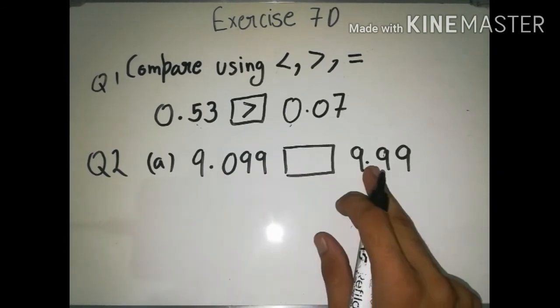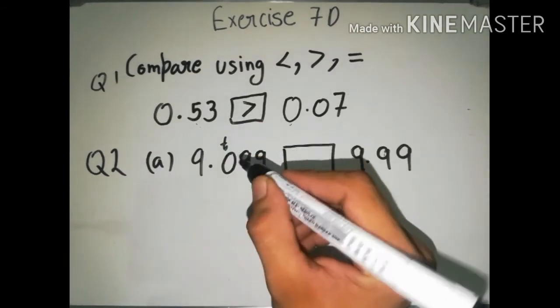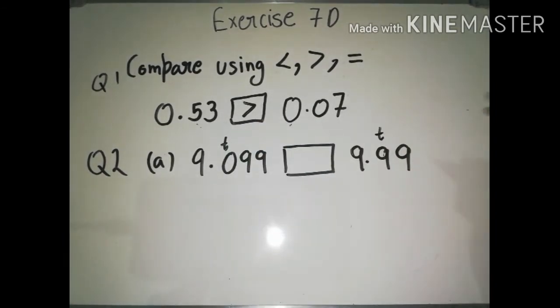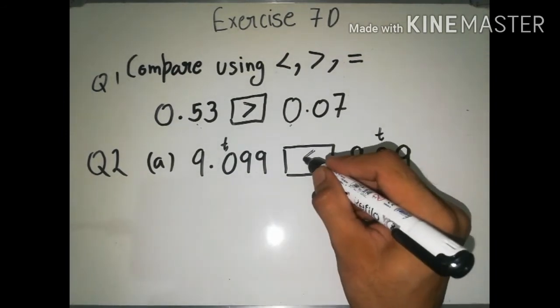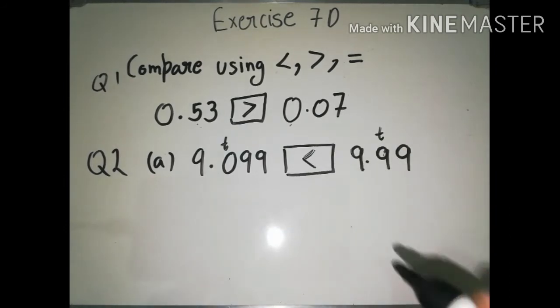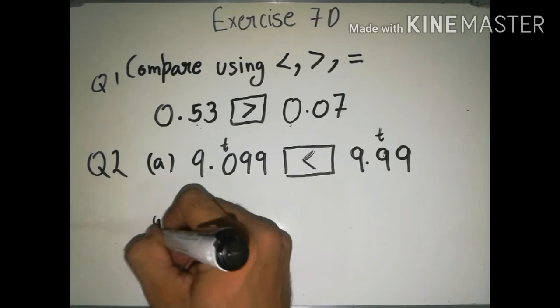Then the decimal, then check the tenths place. On the tenths place there is 0, and on the tenths place there is 9, and 9 is bigger than 0, means this decimal number is bigger.